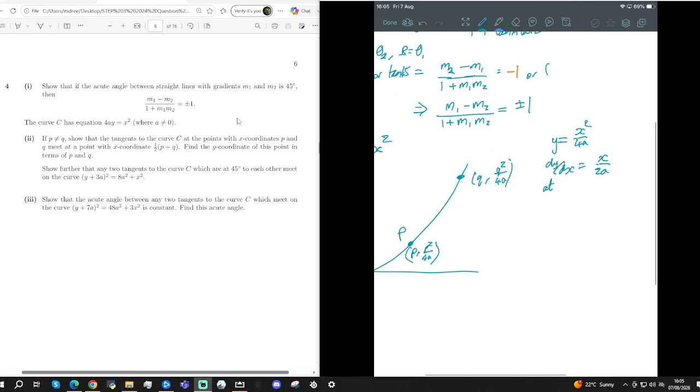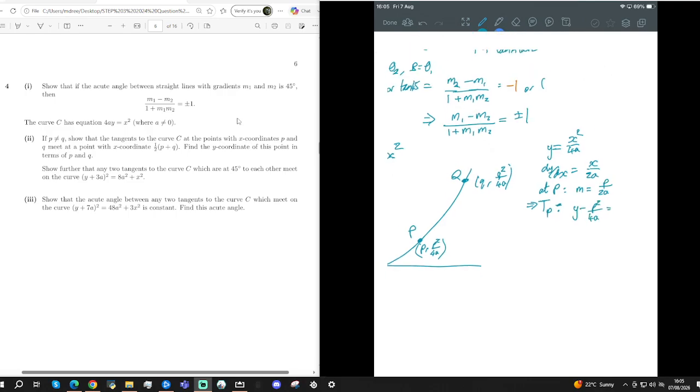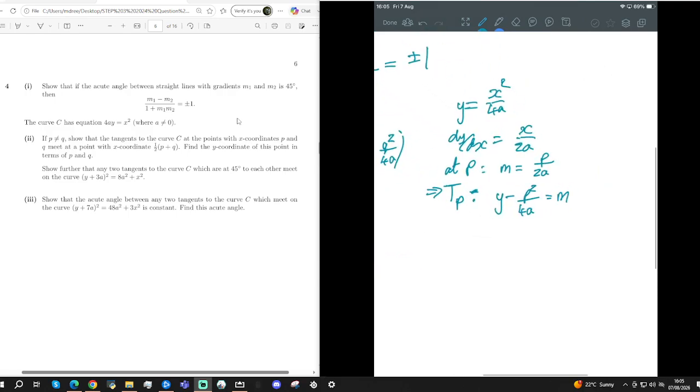I'll call these points capital P, capital Q. At P, the gradient therefore is going to be p over 2a, which means the tangent at P, which I'll call TP, is going to be y minus the y coordinate equals m times x minus the x coordinate, and the m we do actually know as p over 2a.